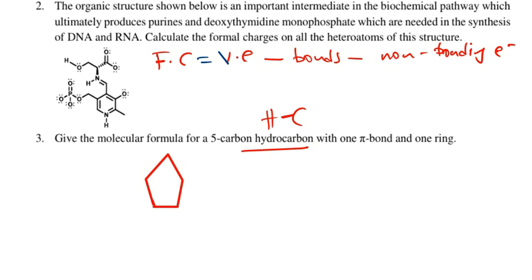So that's in terms of the skeletal structure. And so then we know there is a single double bond somewhere. Let's just put it there. Okay. So I think we've met all the requirements: 5 carbons, and then 1 pi bond and 1 ring.